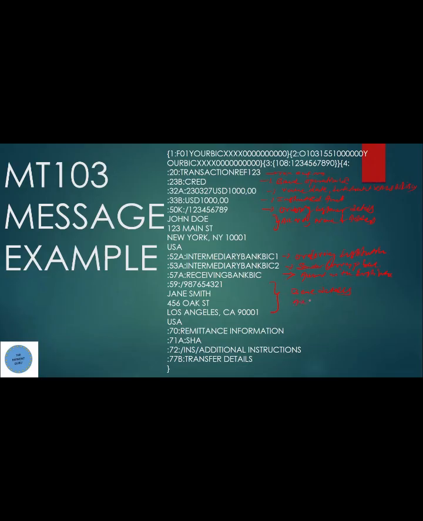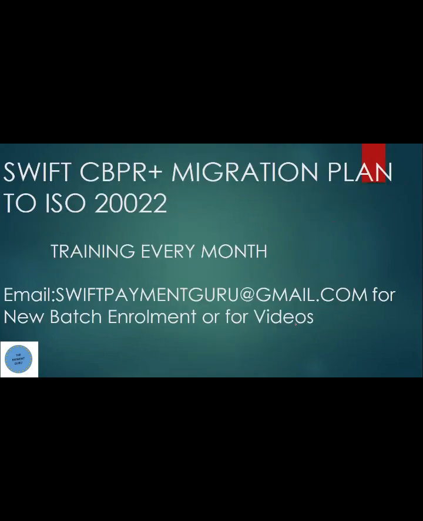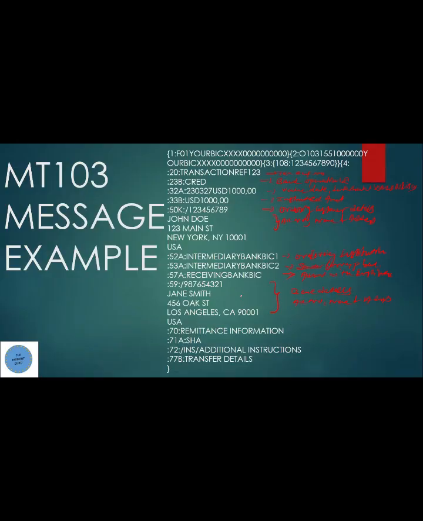Again, it contains the account number, name, and address of the beneficiary. Now we also have 70, which is remittance information. 71 is the charge type, and 72 is the sender to receiver bank information. 77 is regulatory reporting.